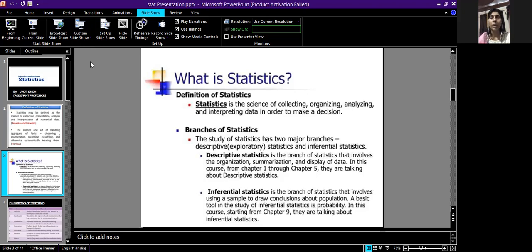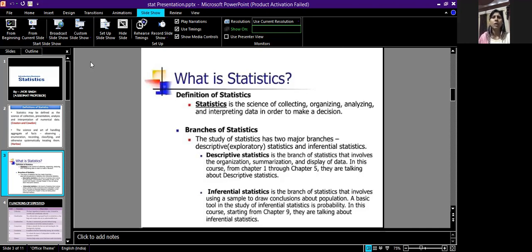What is descriptive and what is inferential? We will study it in detail, but before that, let's look at it in one view. Descriptive means how you are representing and organizing the data, the display of the data, how you are removing the complexity of that data and converting it into a simpler form.